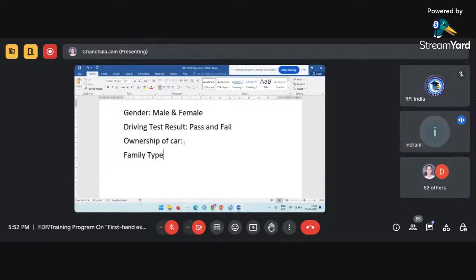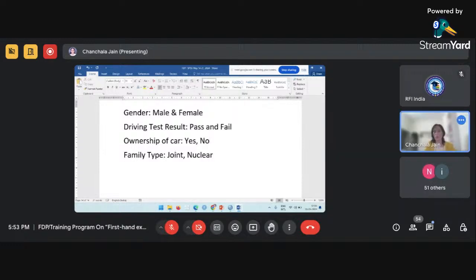Family type can be measured with nuclear family, joint family, and other. Very correct, this is what I was looking for. Nuclear, joint, and for ownership of car, can I take it as yes or no? Yes, ma'am.